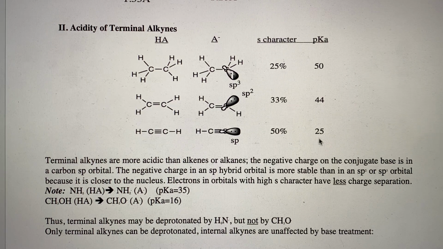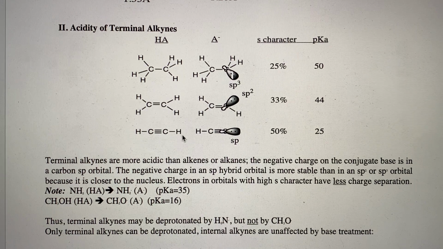Alkyne has a pKa of 25. We're talking about the terminal alkyne, that's the one with the hydrogen. When we talk about pKa or acidity, we talk about removing that hydrogen, how easy it is. The smaller the pKa, the easier for that hydrogen to come off.